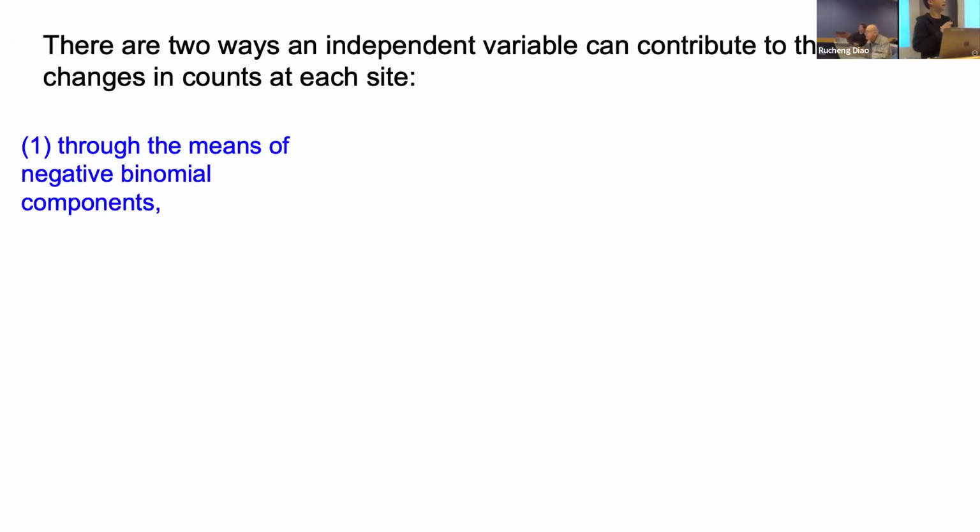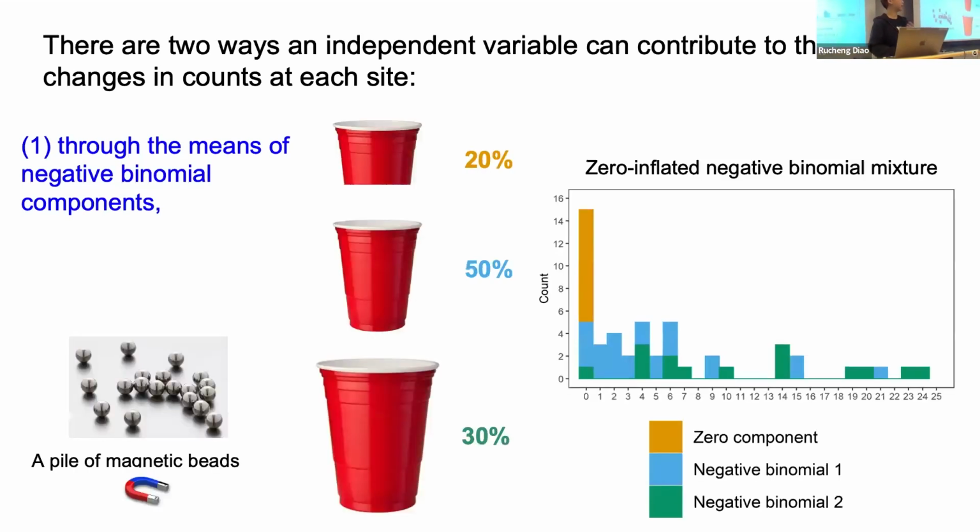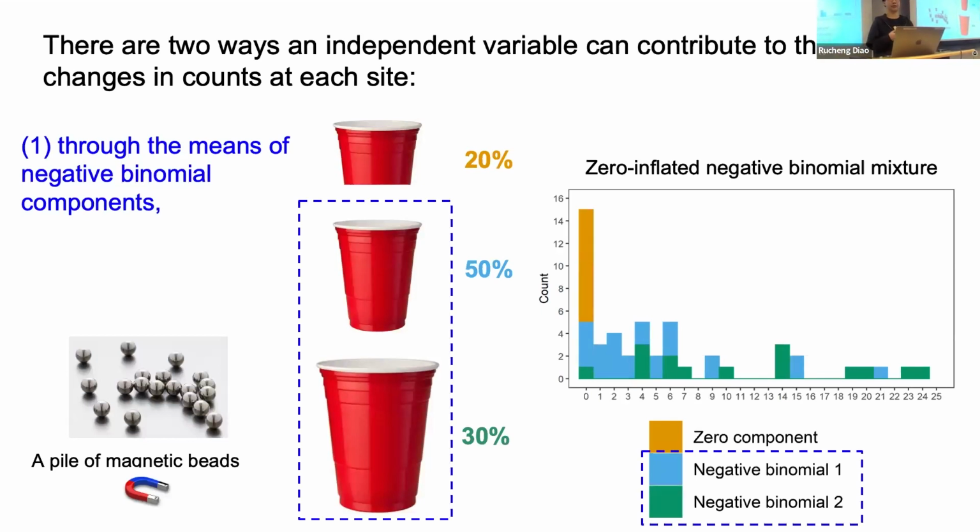In this process, there are two sets of parameters we can fit to, which means that for an independent variable, there are two ways it can affect a specific count. One is through the means of the negative binomial components. If we go back to the mock example, that would be the size of the functional cups. Basically, for the count components, what is the mean of the negative binomial distribution?